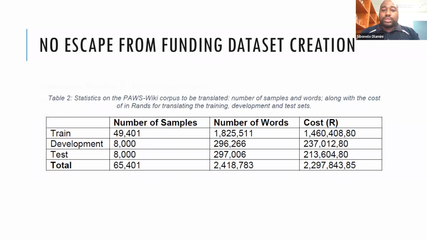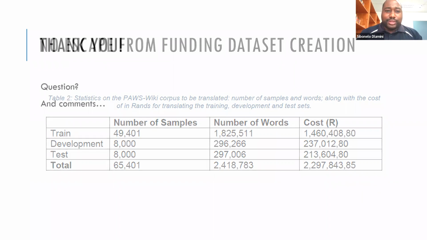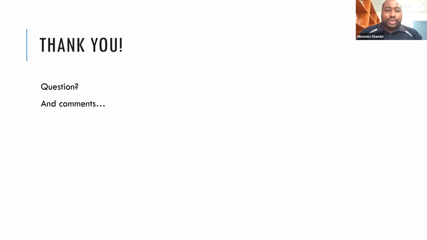And also, if we don't create the isiZulu, isiXhosa, isiSotho versions of the evaluation data sets, then how are we ever going to evaluate these multilingual transformer models on our languages? And if we can't evaluate them, then how are we ever going to build machine learning models and human language technologies for our South African languages? So that is where I will end.